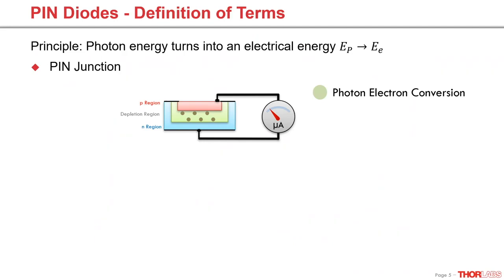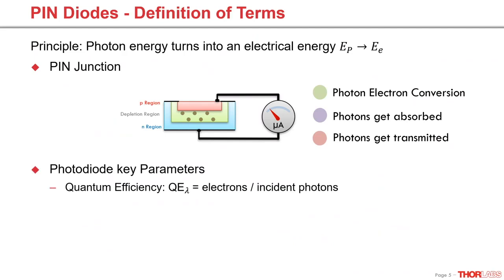This leads to a flow of electrical current. Photons with too short a wavelength get absorbed in the upper layer or protection glass of the diodes, so no current flow will happen. And longer wavelengths get transmitted also without electron generation.